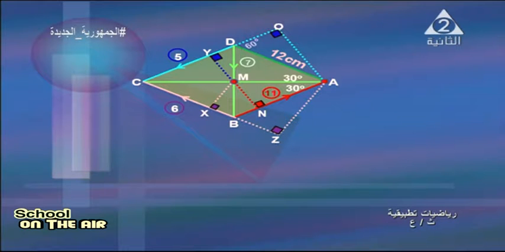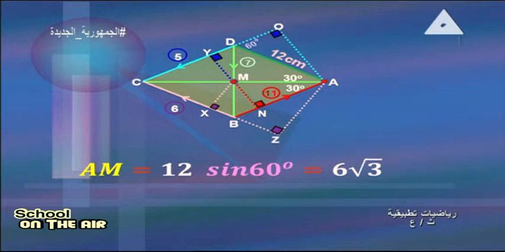Angle A equals 60, then AC bisects angle A. AC is perpendicular to BD. Then we deduce that measure of DAC equals 30. Then we deduce the perpendicular MN, the side opposite the 30 degree angle, is half the length of the hypotenuse.